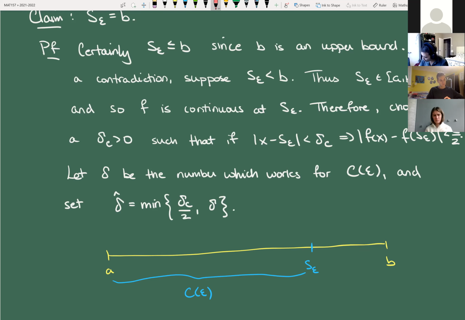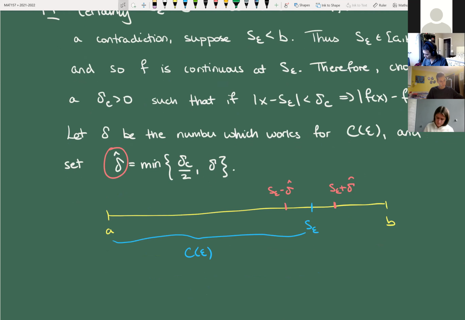So what I'm going to do now is say, well, look, if I use this delta hat, then I can actually extend the definition of uniform continuity so that it includes all the way up to S sub epsilon plus delta hat. And that's going to give me a contradiction, right? So I'm going to use continuity at S sub epsilon to push uniform continuity.